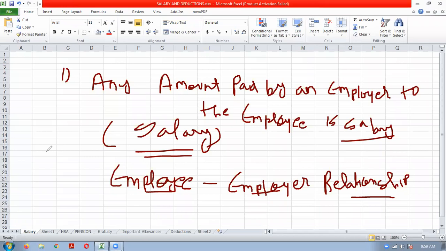So this is the first point you have to remember, write and keep. Anything in monetary value, if it is paid by an employer to an employee, will be salary. The most important thing is the employer-employee relationship.